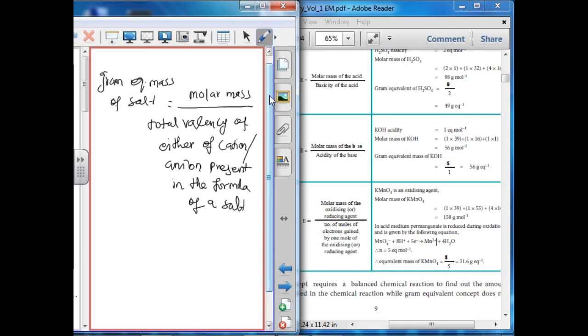So this is the formula for calculating the gram equivalent mass of a salt.